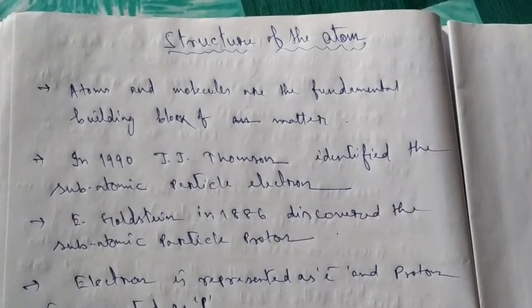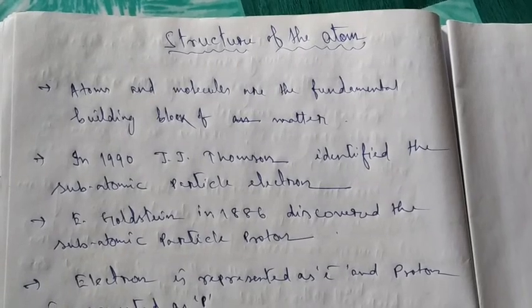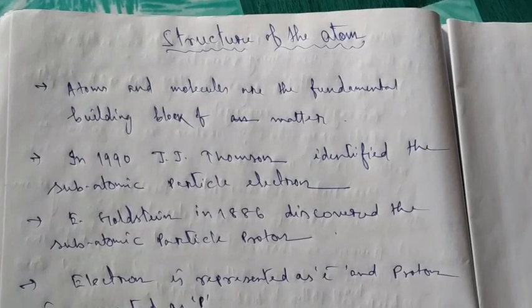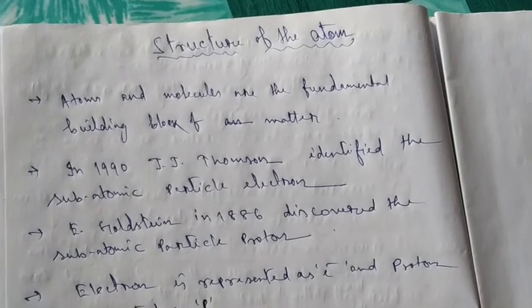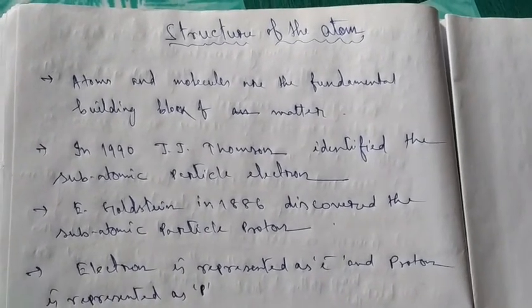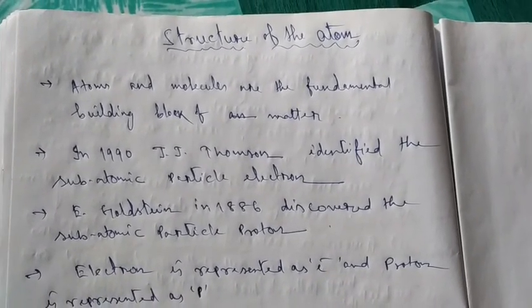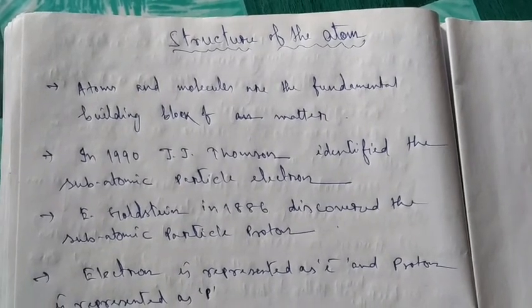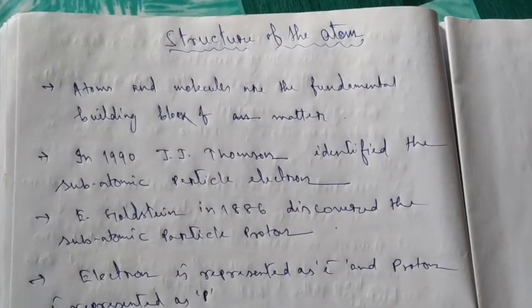We know that different kinds of matter are available, and a particular matter is made up of atoms and molecules. The combination of atoms and molecules leads to the formation of matter.